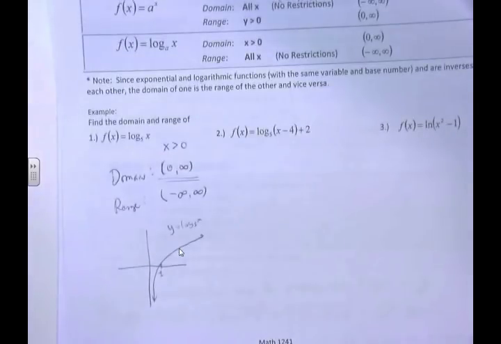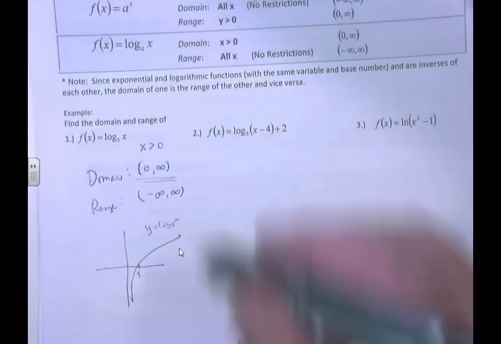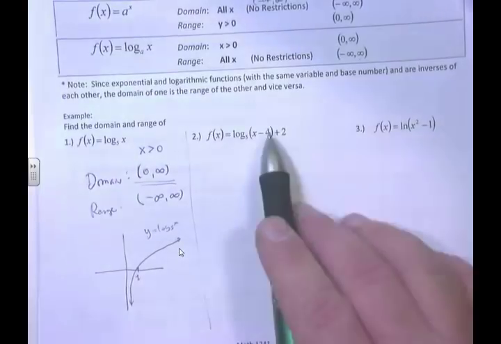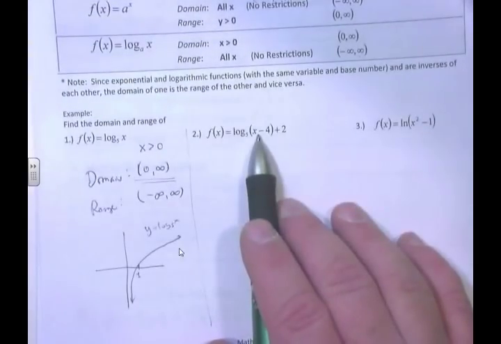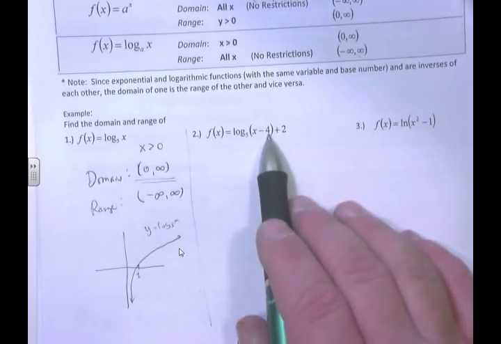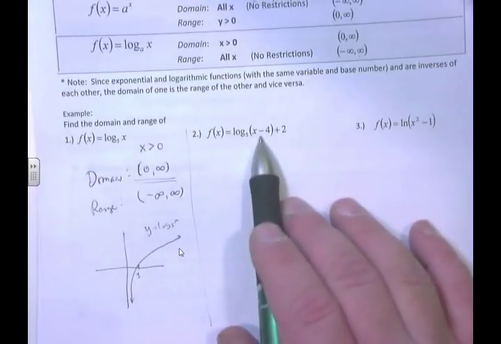Now the question is this. What is the domain of this new function over here? F of x equals the log base 5 of x minus 4, plus 2. Well, first off, what is the relationship between these two guys? Well, we did some manipulations. What manipulation did we do? What is this x minus 4 going to do to the standard log base 5 of x graph?